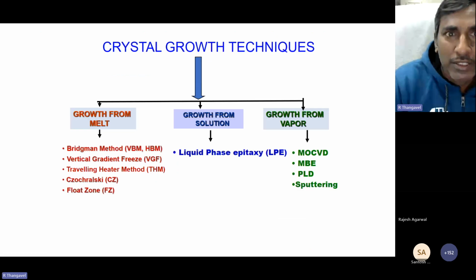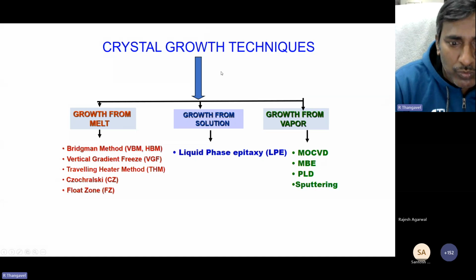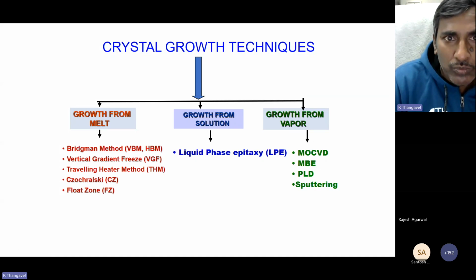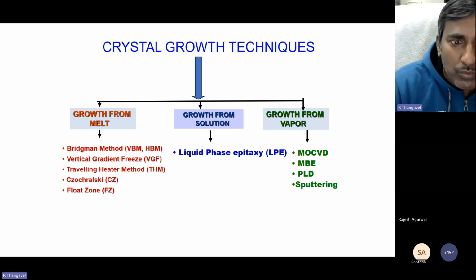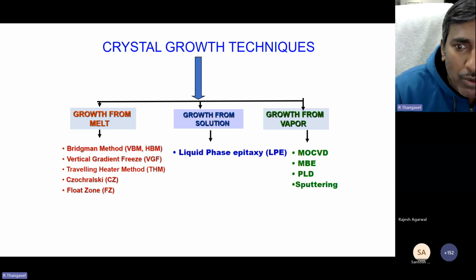Yes, sir. We'll now come to the bulk crystal to wafer fabrication. Basically, for bulk crystal to wafer fabrication, raw material of polycrystalline material has to be kept in the crucible. Then in the Czochralski growth method, it is rotating and pulling at a certain temperature above the melting point, and large area growth is possible.